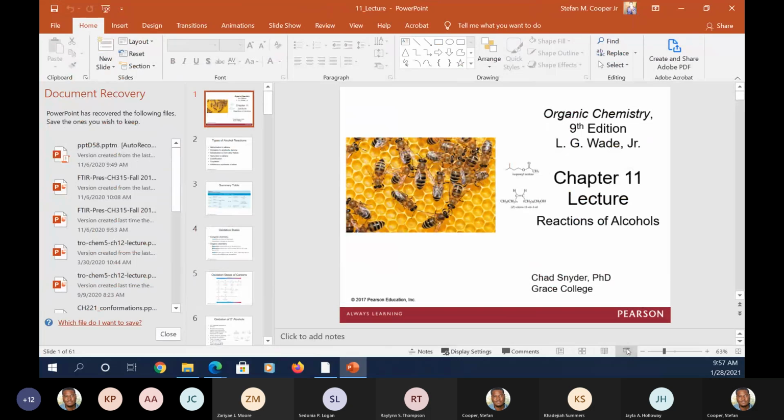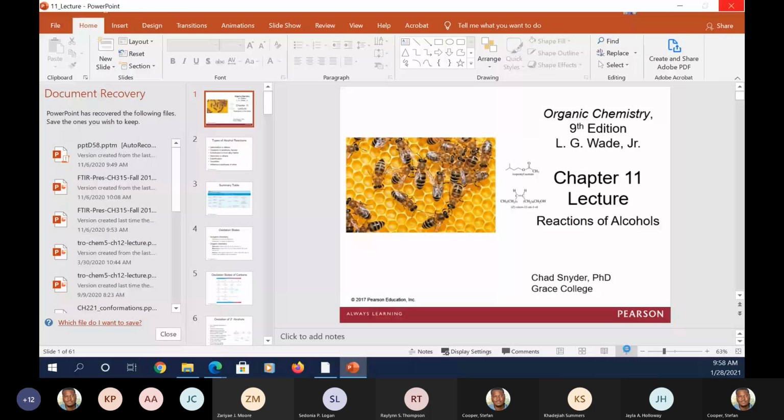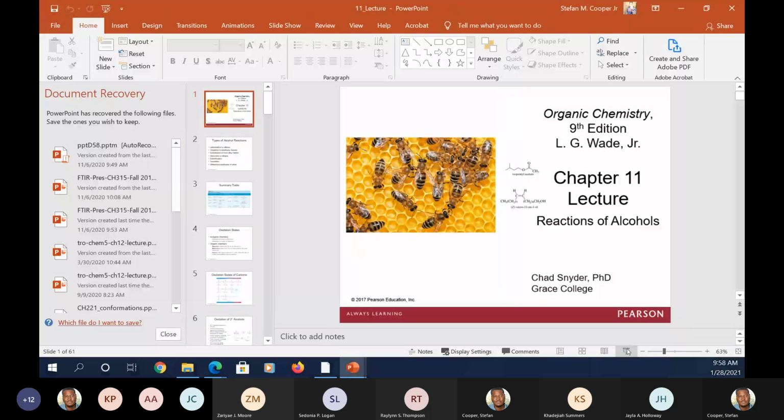Nucleophile, okay, very good. Alcohols are typically nucleophiles. And how do I know that? What characteristics cause me to think that alcohols are nucleophiles? Okay, good. The oxygen on alcohols is electronegative, and that oxygen on an alcohol contains what?